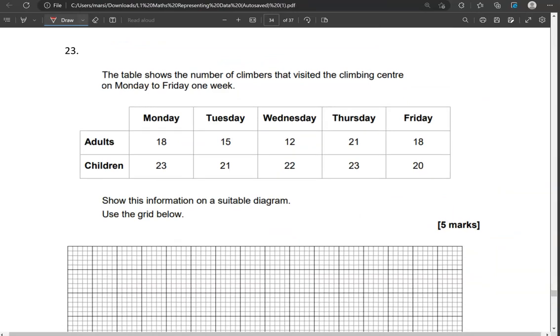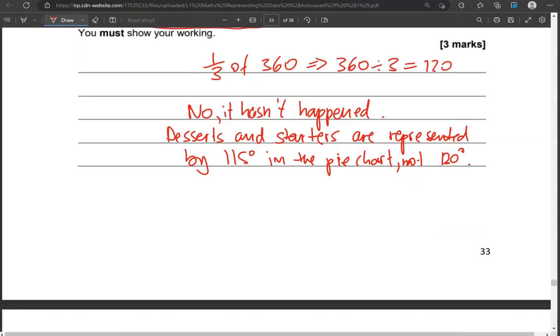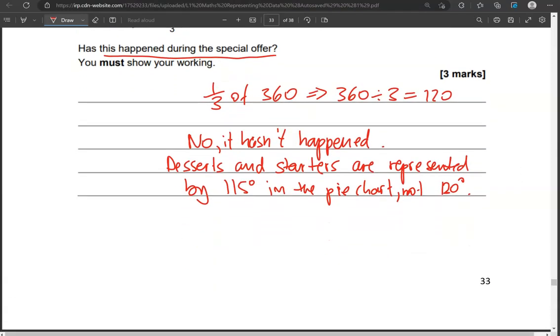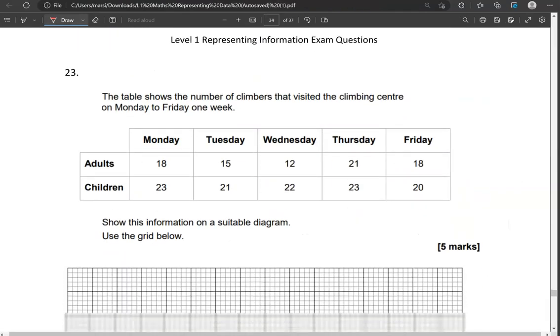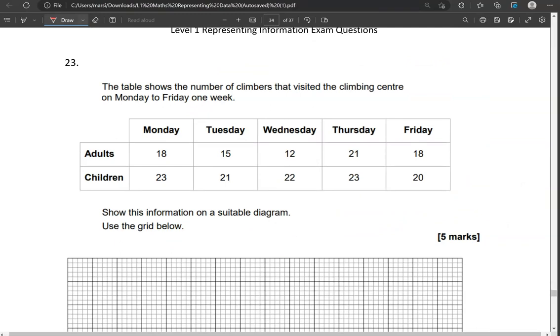The table shows the number of climbers that visited the climbing center on Monday to Friday 1 week. Show this information on a suitable diagram. Use the grid below.